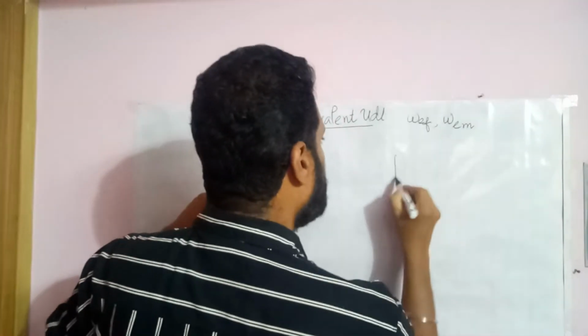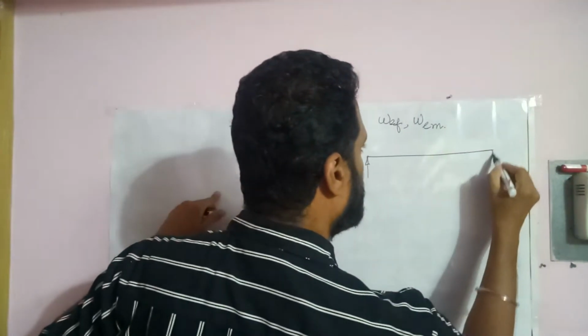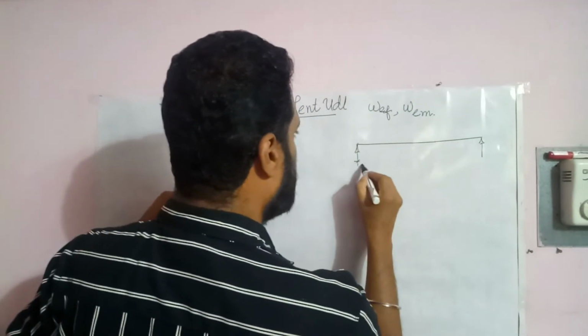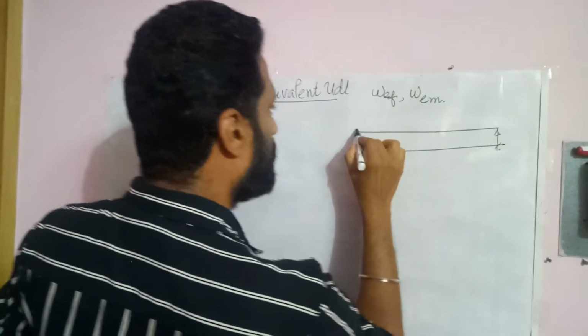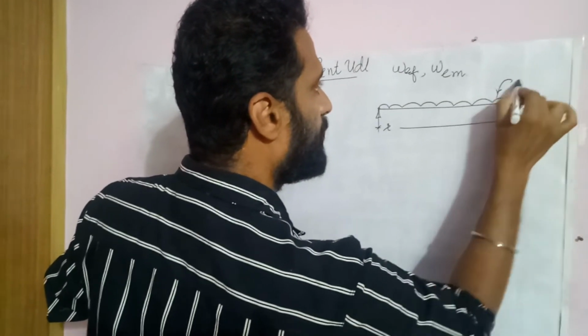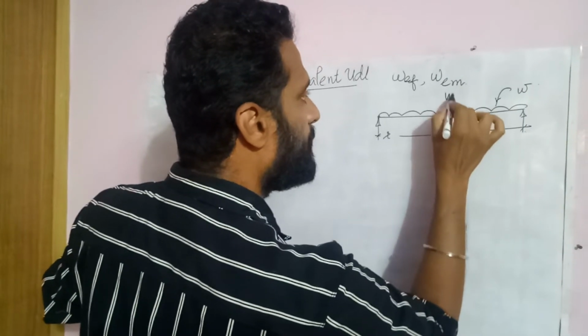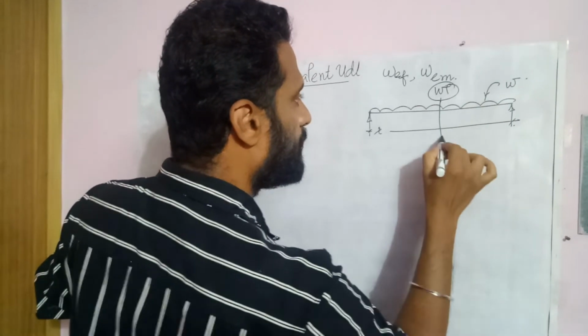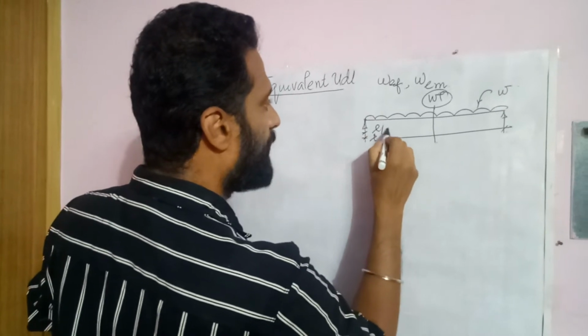So for a simply supported beam, for any span, maybe it's L, if it is of intensity W, the total load will be WL and it will be acting at a point L by 2.